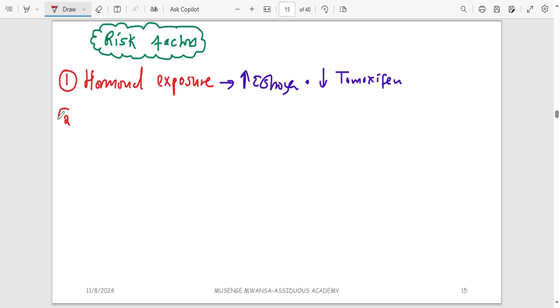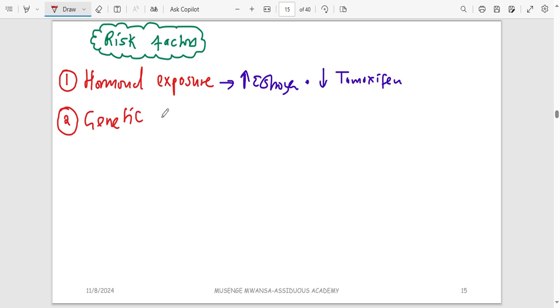Anyone else? Number two, any other risk factor for getting breast cancer to be specific? Inheritance. Yes. Thank you so much.